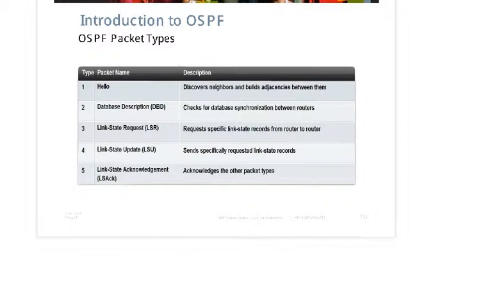Database description is a totally new message type. It is used to check the database synchronization between routers. What happens is that a router will group the link state information from its link state table in a very abbreviated form.